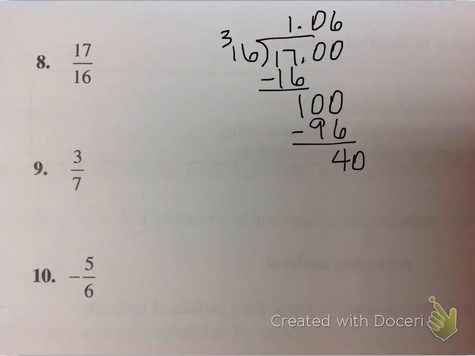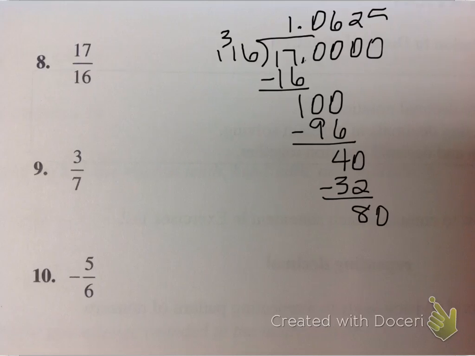Subtract. Okay, I haven't terminated yet, so I brought down another 0. 16 goes into 40. Let's say 2 times. 2 times 6 is 12. 2 times 1 plus 1. Need another 0, so I can bring another 0 down.